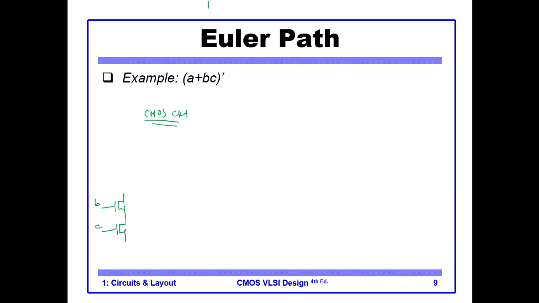Okay, and then we have A, which is in parallel, and then we have this point which is connected to ground.